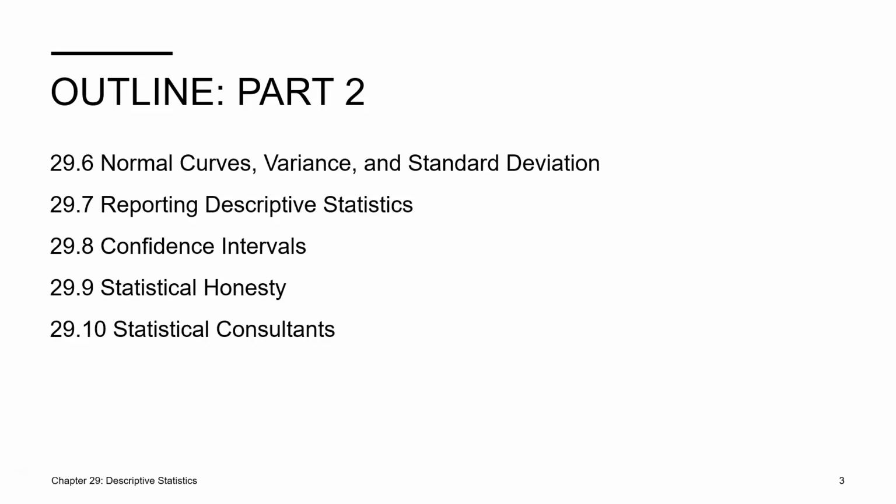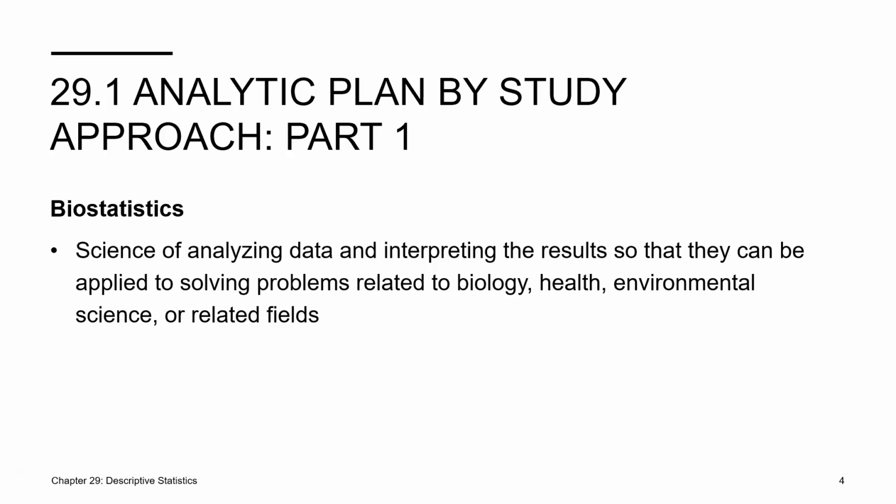Then section 29.6 goes over normal curves, variance, and standard deviations. Section 29.7 goes over reporting descriptive statistics. Section 29.8 goes over confidence intervals. Section 29.9 goes over statistical honesty, and Section 29.10 goes over statistical consultants.